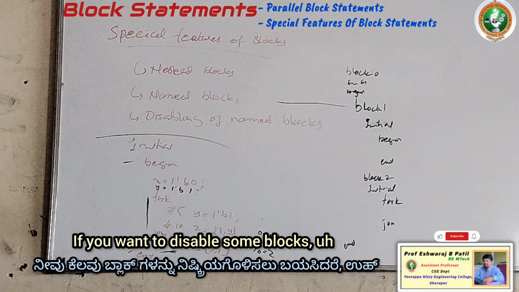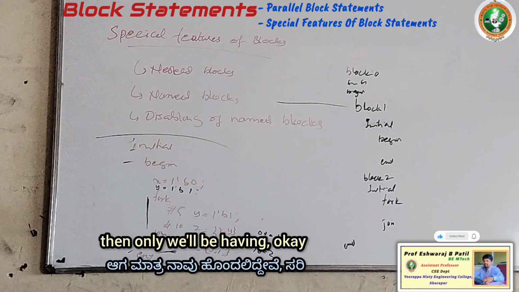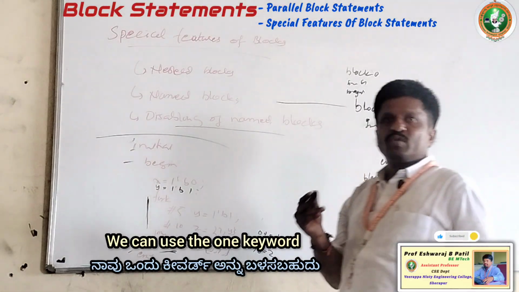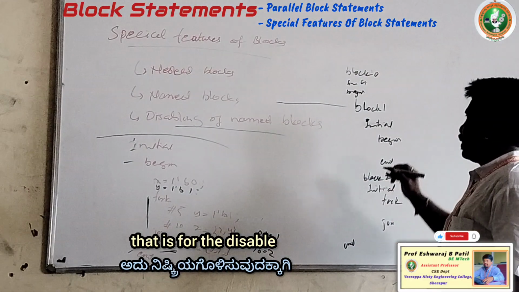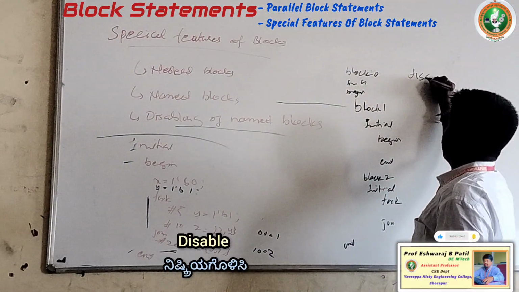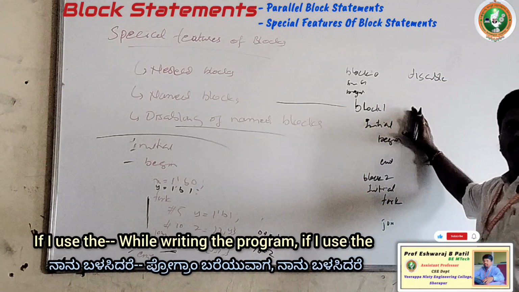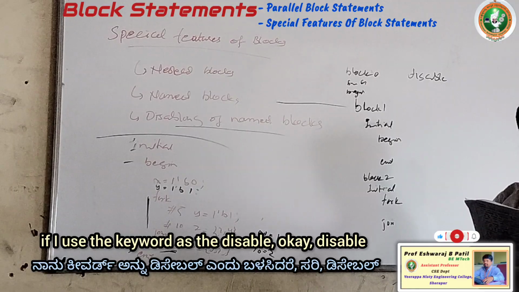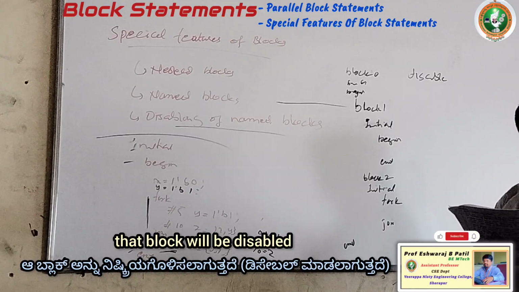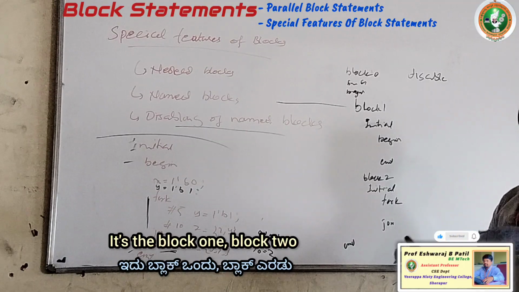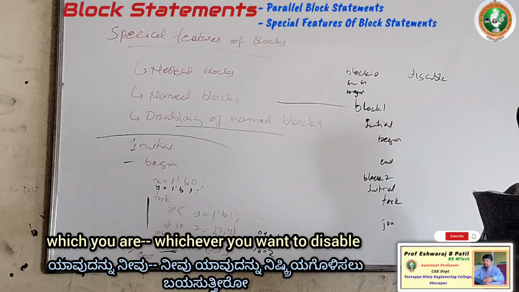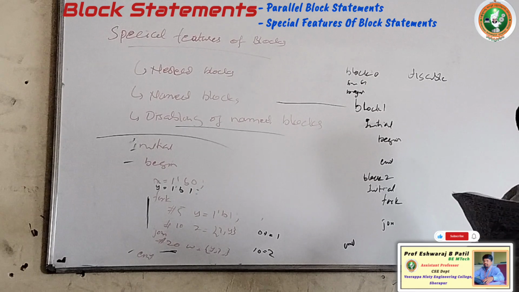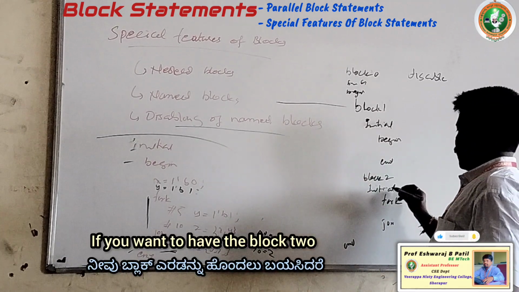If you want to disable some blocks, if it is necessary, then we have disabling of named blocks. What is this? We can use one keyword, that is disable. While writing the program, if I use the keyword disable, then definitely that block will be disabled, whether block 1 or block 2, whichever you want to disable, that name is to be given with disable.